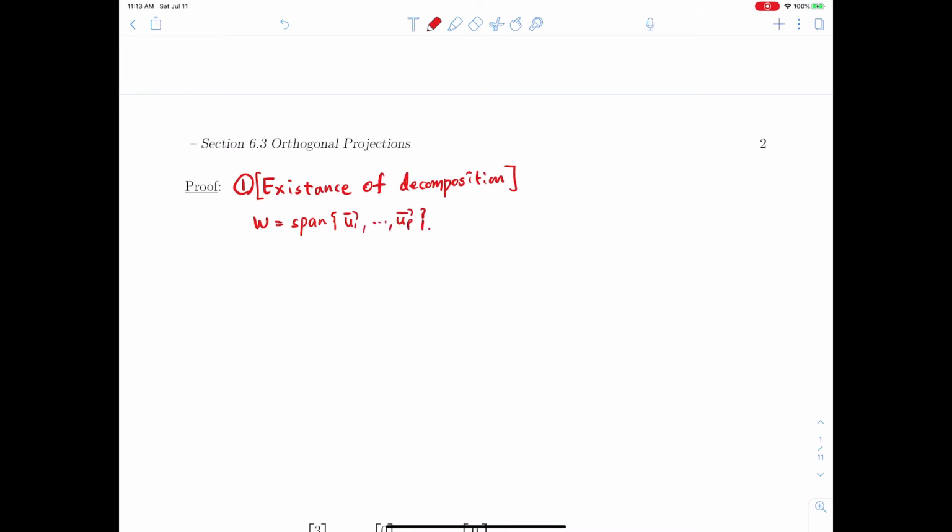Then if you define y hat equal to y dot product with u1 over u1 dot product with u1 times u1, plus y dotted with u2 divided by u2 dotted with u2 multiplied by u2, and so on until y dot product with up over up dot up times up.